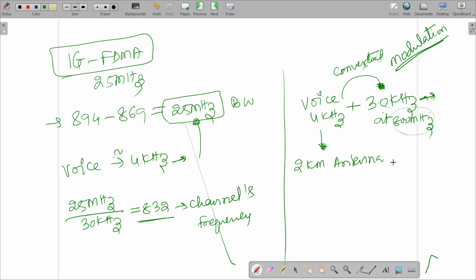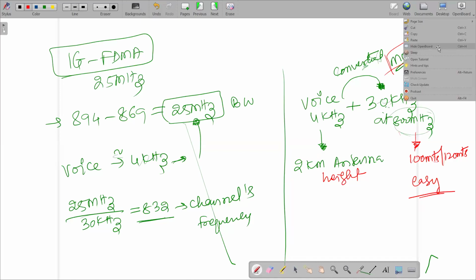So that's why we are converting this to 30 kilohertz, so that we can construct maybe a 100-meter tower or 120-meter. Okay, so this is easy, right? We can easily construct 100 meters or 120. So that's why this modulation will help you. Clear?